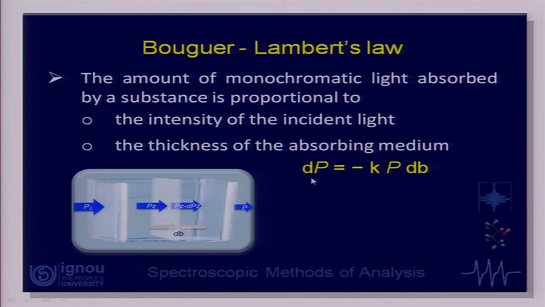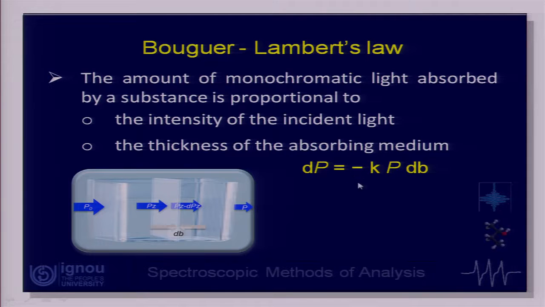So, we can write that dP is equal to minus K, where K happens to be the proportionality constant, because dP, the decrease in the intensity, is proportional to P and dB. So, I replace the proportionality by a proportionality constant here. That means the expression now is dP is equal to minus K P dB.